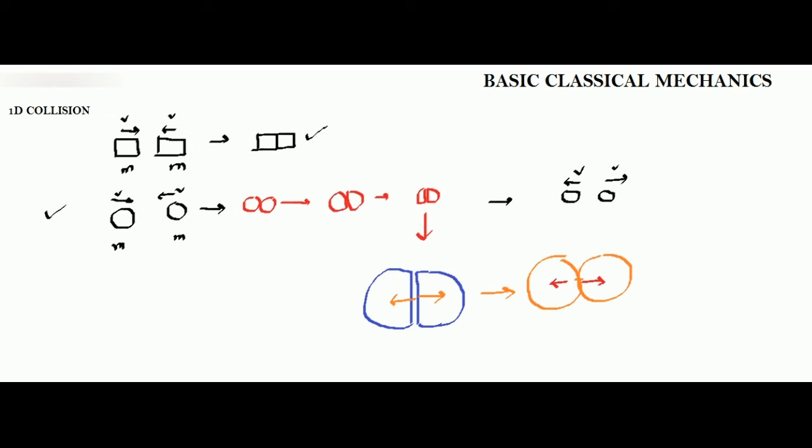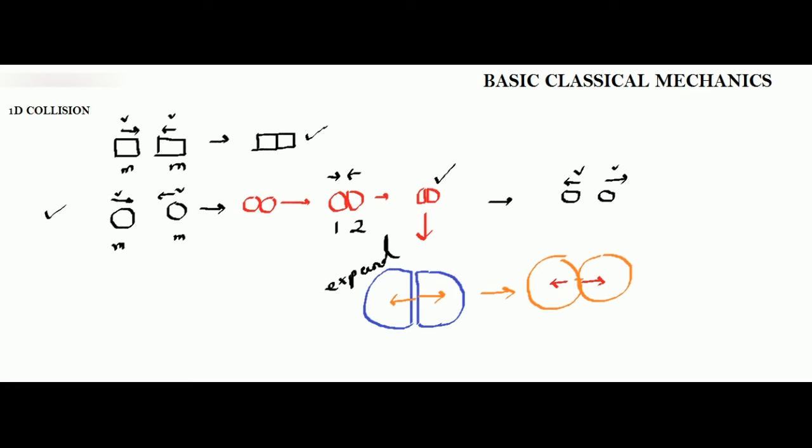Okay, see, while squeezing, when they were squeezing each other, the forces were acting in this direction. Okay, so this force was given by ball 1 on ball 2, as a result of which it was squeezing ball 2, and there was a force that ball 2 gave on ball 1 that was squeezing ball 1. After the complete squeeze has been done here, then they try to expand. At this position, the balls have been squeezed completely, and now they are trying to expand.